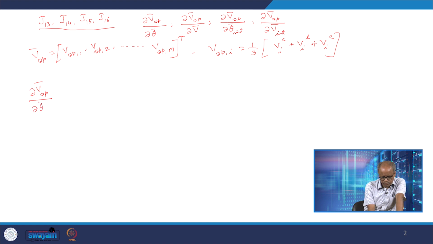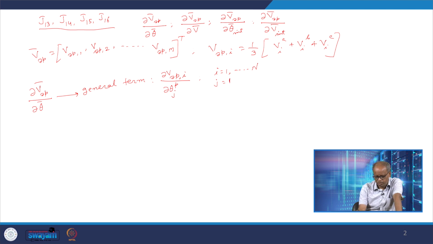For this matrix, the general term is del V specified I by del theta J p, where I is equal to 1 to m, j is equal to 1 to n, and p is equal to a, b, c.